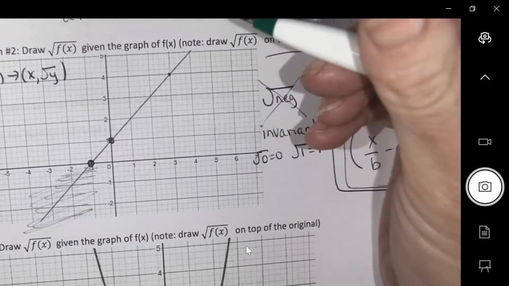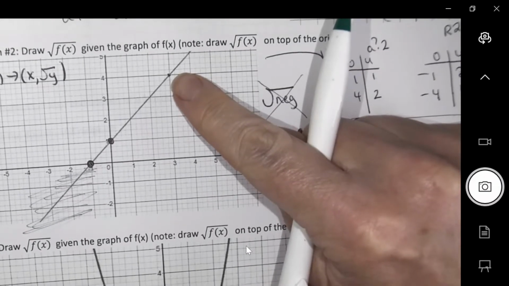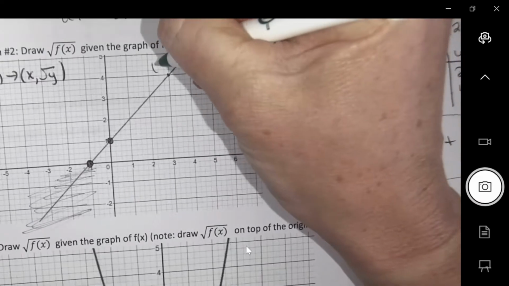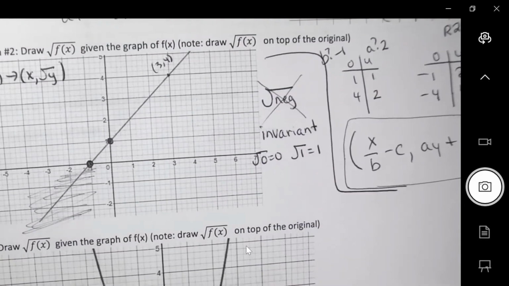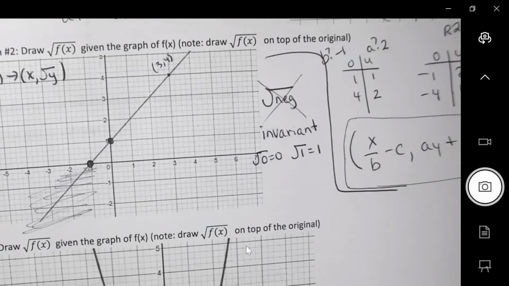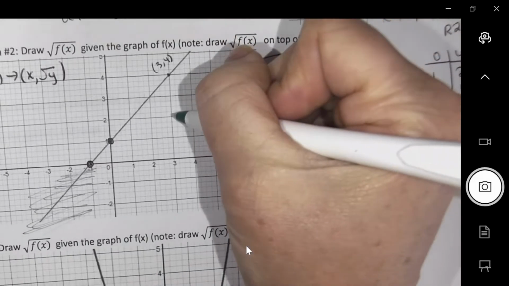I'm going to take this coordinate right here because it's 3, 4. Where will it go to now? 3, 2.